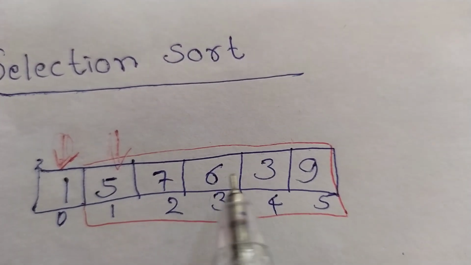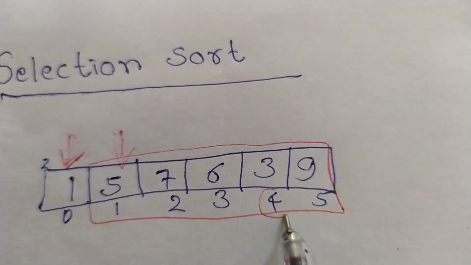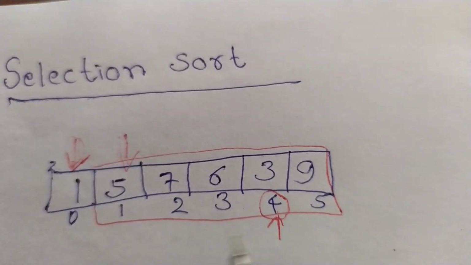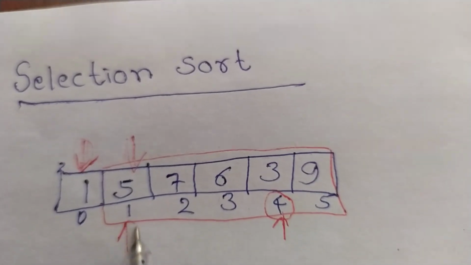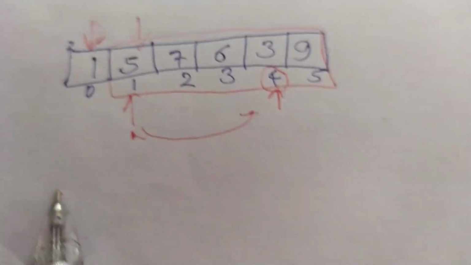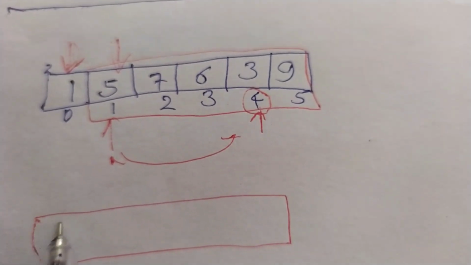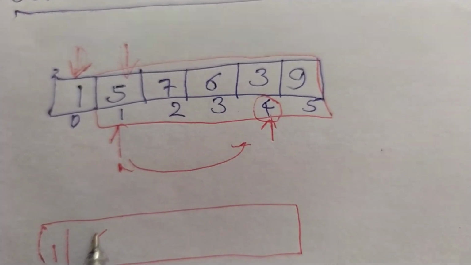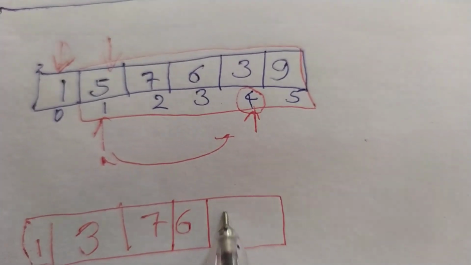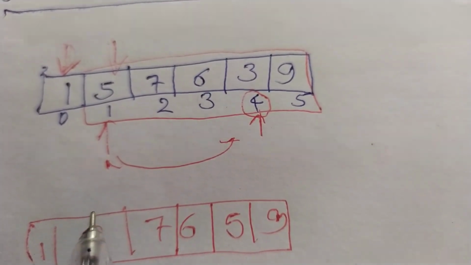The minimum element is 3, so we store the index of that element and swap it. So what we're going to have is 1, 3, 7, 6, 5 and 9.